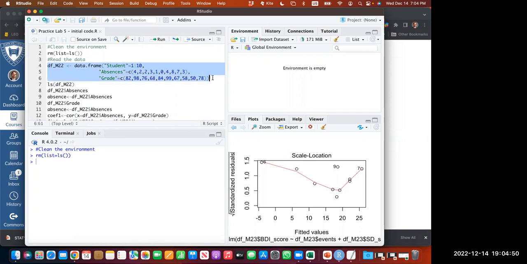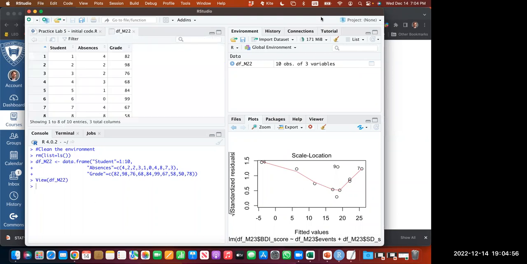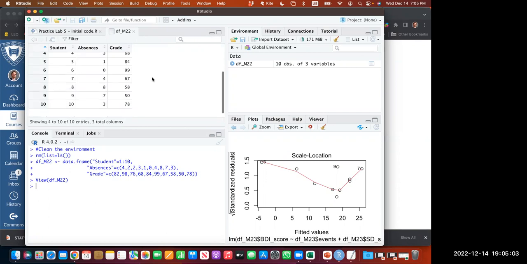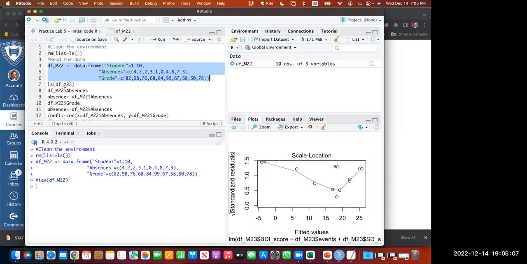So DFM22 was the example with 10 students with their absences quantified and their corresponding grades. The idea here was to see whether absences do predict grades or associate with grades.